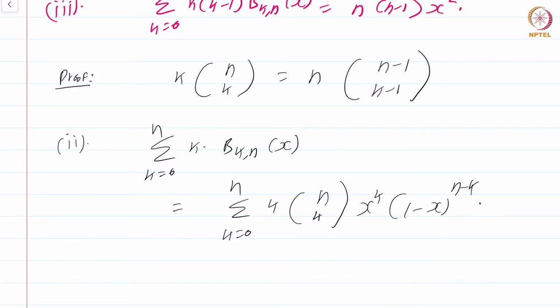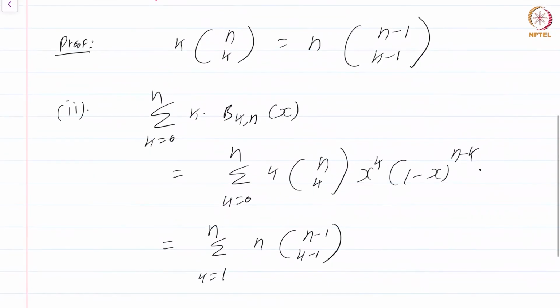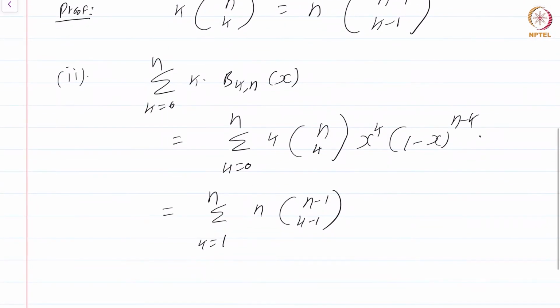I'm just summing over all k's, over the expansions. This is nothing but summation k equals 1 to n of n times n minus 1 choose k minus 1. Note I have used the identity that k times n choose k is n times n minus 1 choose k minus 1, times x^k (1 minus x)^(n minus k).